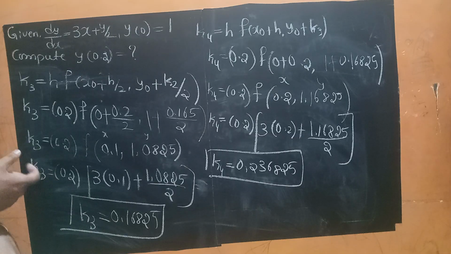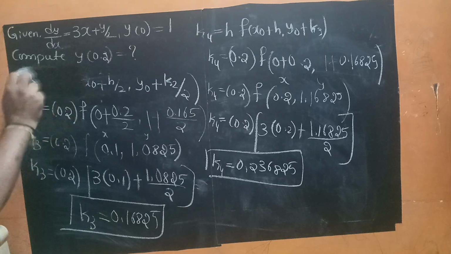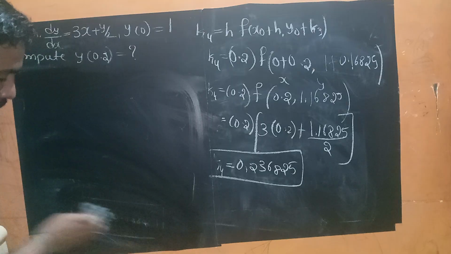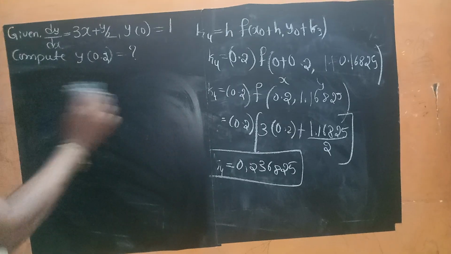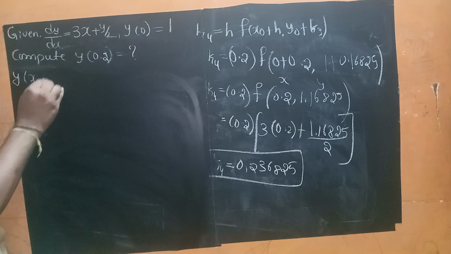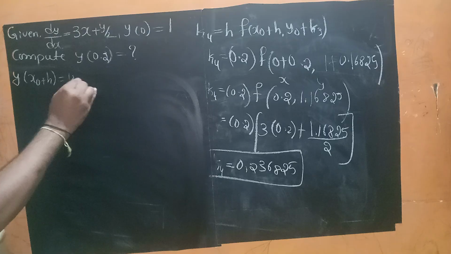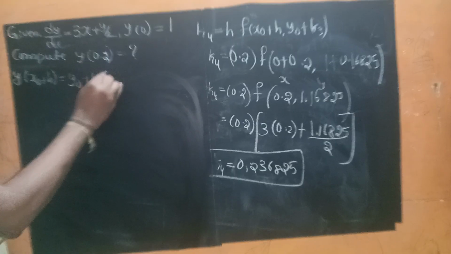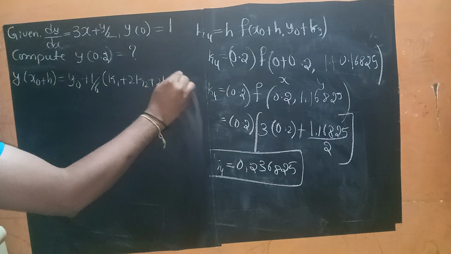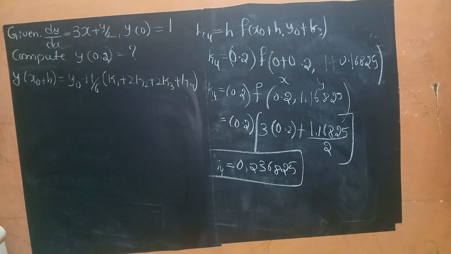So we got K1, K2, K3, K4 all the values. Then we have to replace in the general formula we have written in the beginning. So I will write that formula once again and replace all the values. y of x0 plus h, that is y0 plus 1 by 6 into k1 plus 2 k2 plus 2 k3 plus k4.